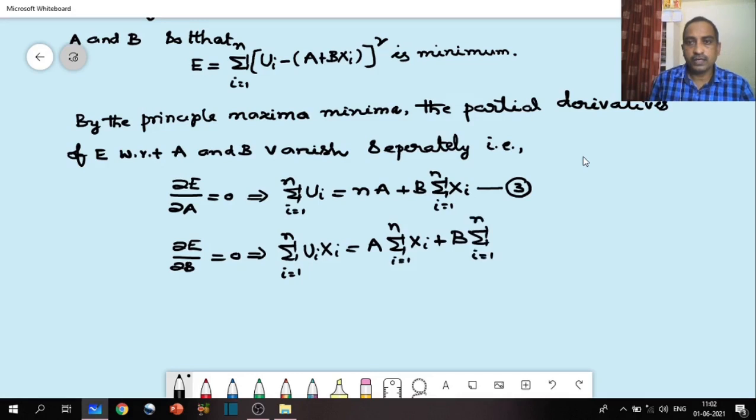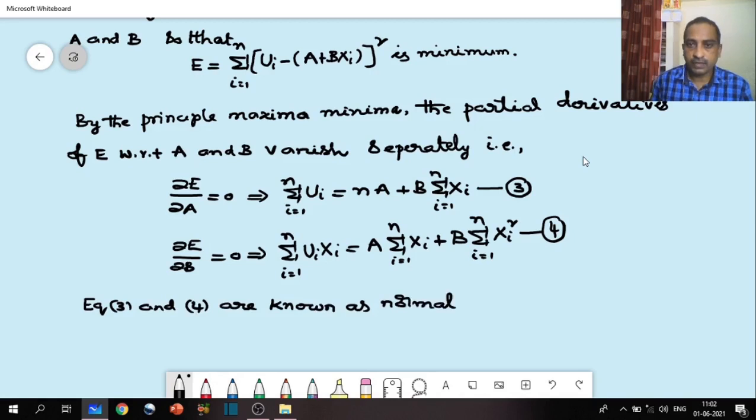So this is equation 4. Equations 3 and 4 are known as the normal equations for estimating A and B.